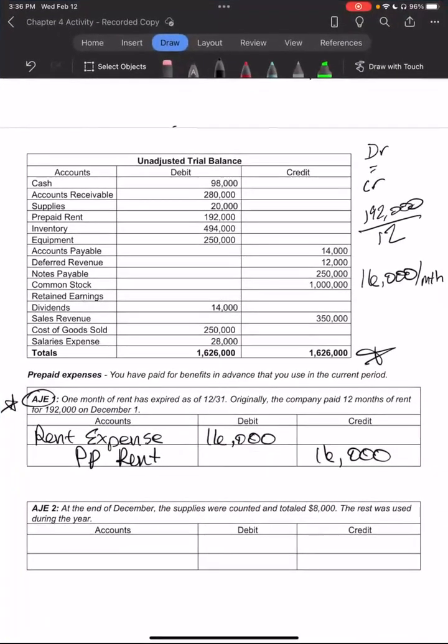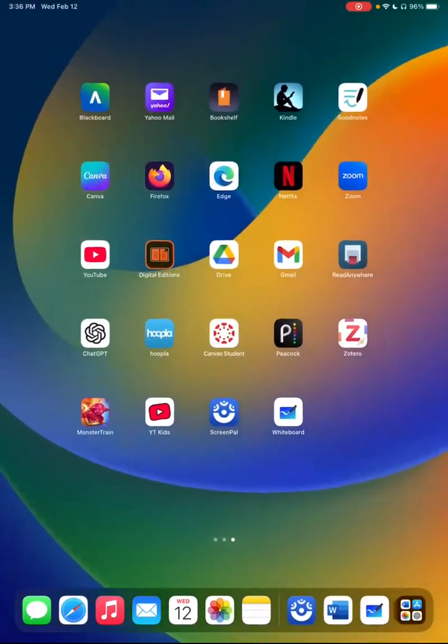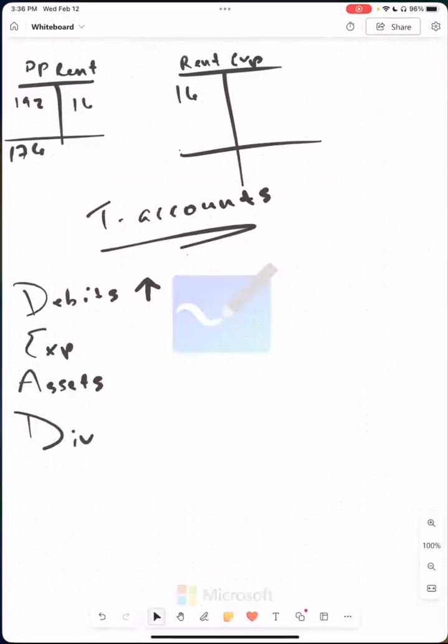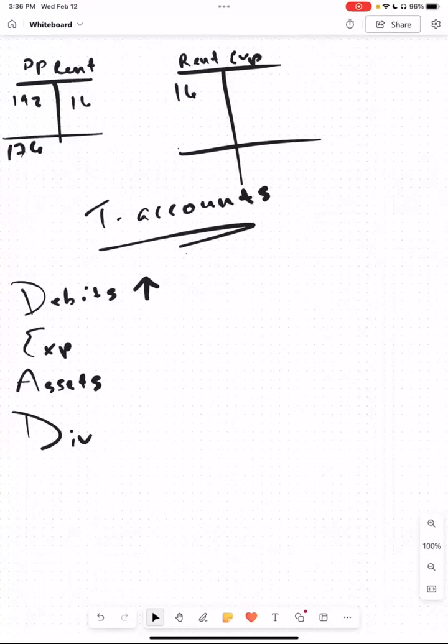is I went, okay, well, I know I have rent expense because I have used, or one month of that has expired, so I've used it. So now I know I have rent expense. And what is the other side of that? Well, it's prepaid rent. And so I just go and I ask myself, well, is rent expense an expense?